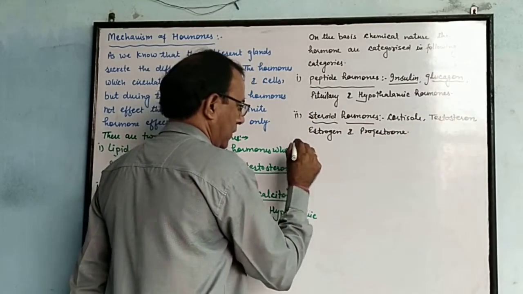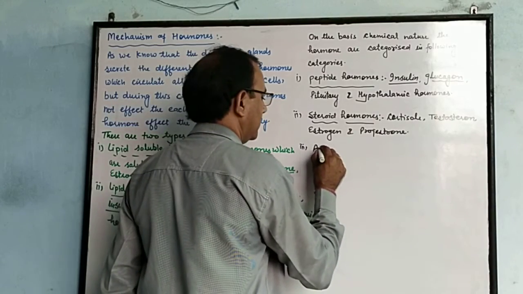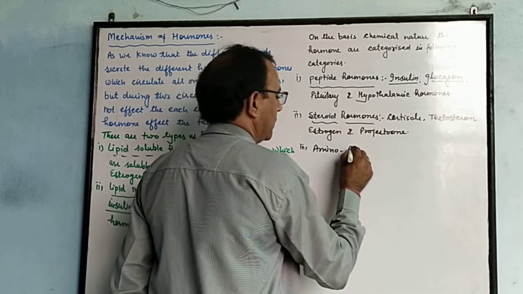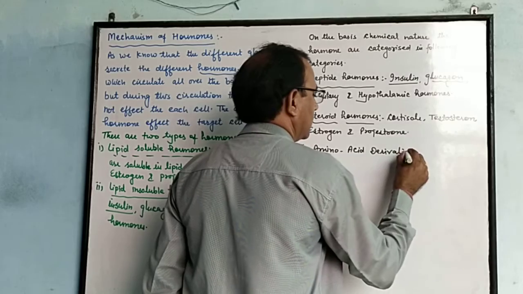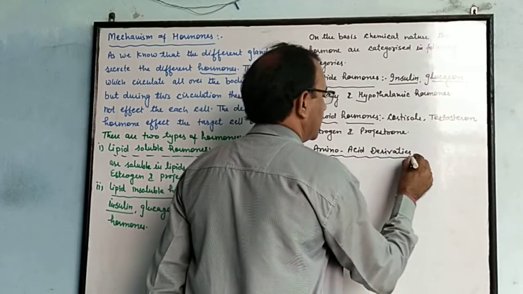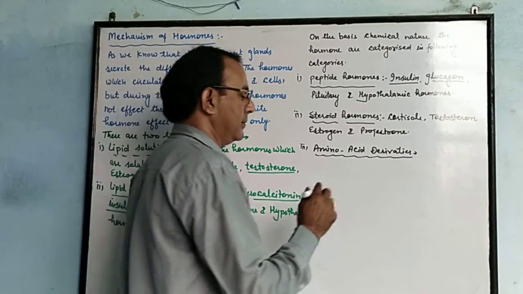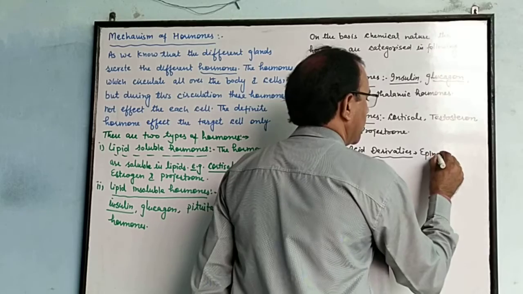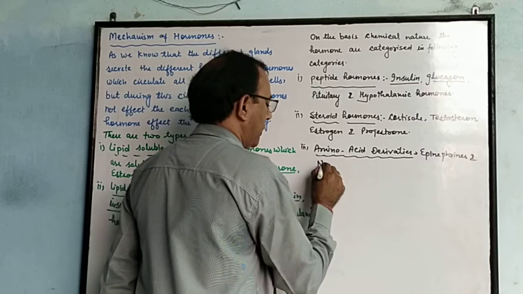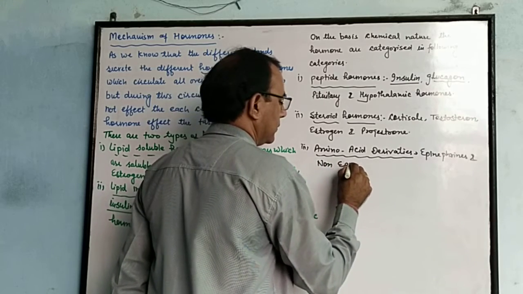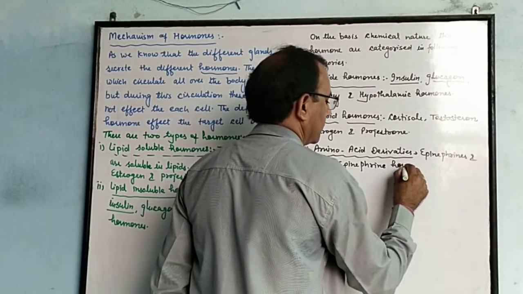Number 3 is amino acid derivatives. These are the hormones which contain amino acid. These are two, epinephrine and norepinephrine hormones.